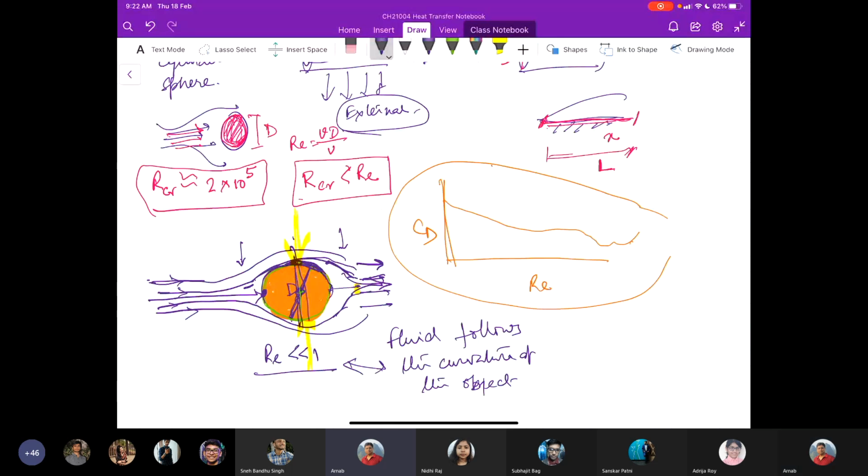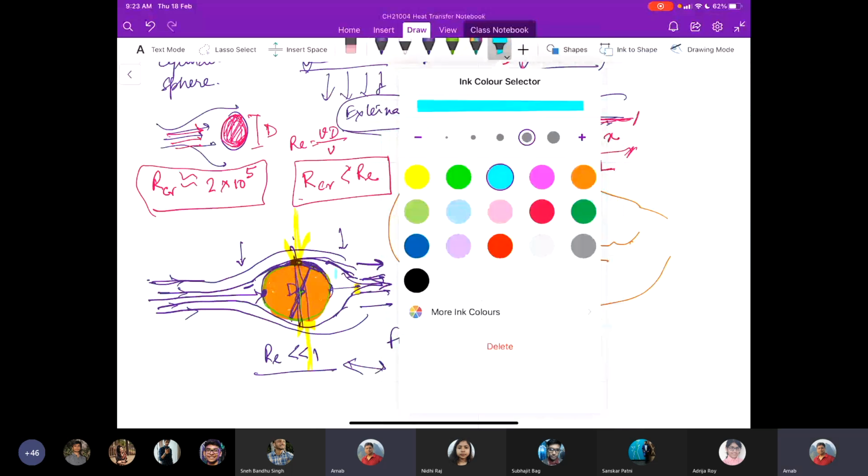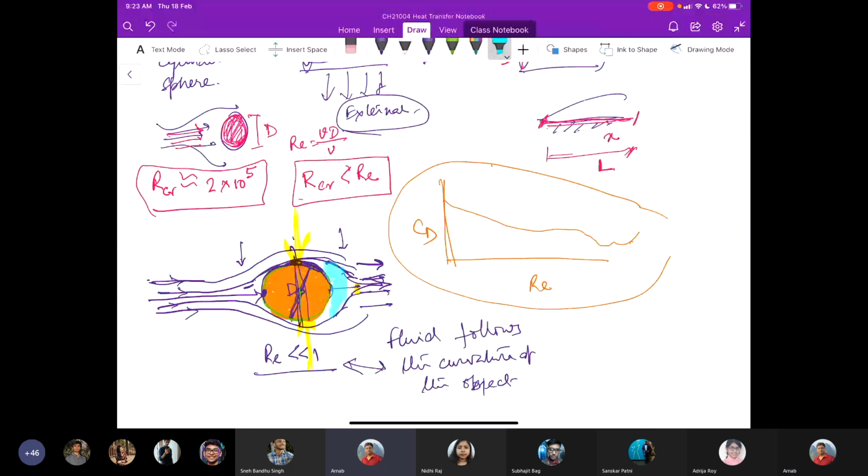Fine. So what happens? That means there is a separation region behind this cylinder. Now this region is called the wake region, because wake formation happens.